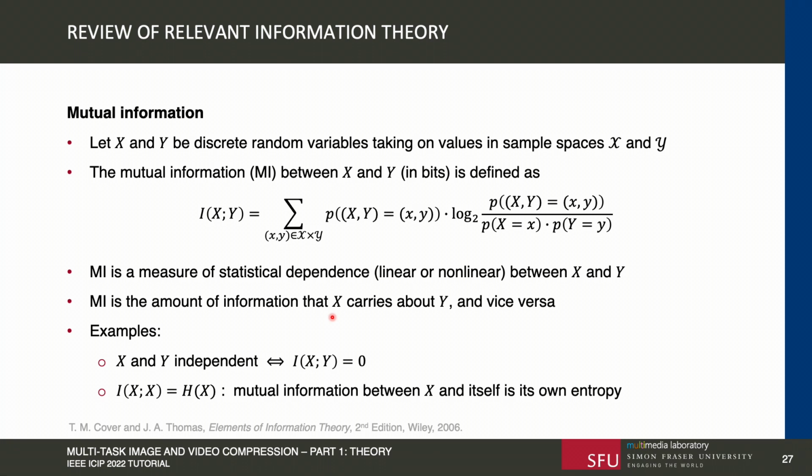Simple examples include the case where the two random variables are independent, in which case their mutual information is 0. Or if you compute the mutual information between a random variable and itself, it reduces down to entropy. That's the information that a random variable carries about itself, and that's intuitively very clear.